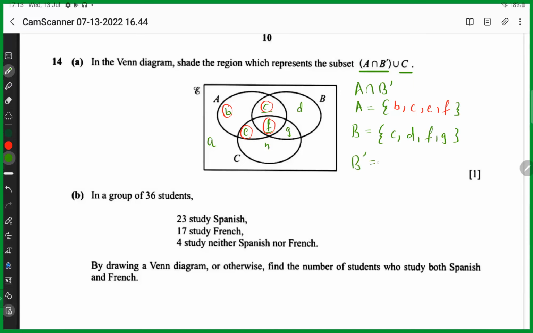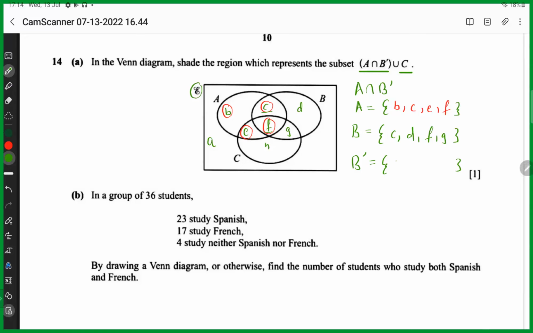B complement has everything which is there in the universal set except the elements of B. Okay, so everything that is there in the universal set, let me just write down all the elements of the universal set.